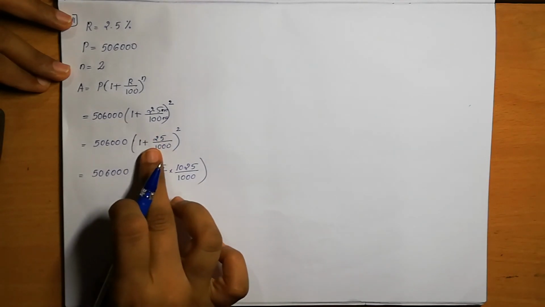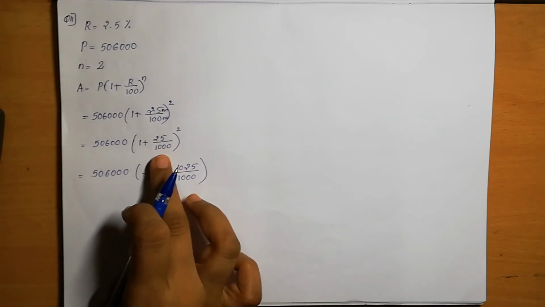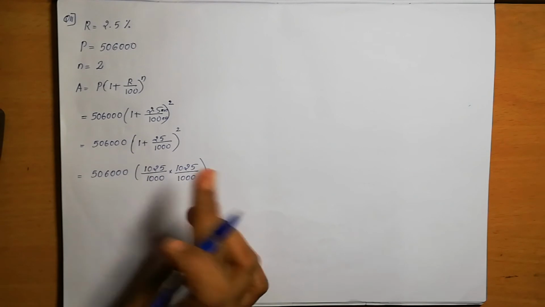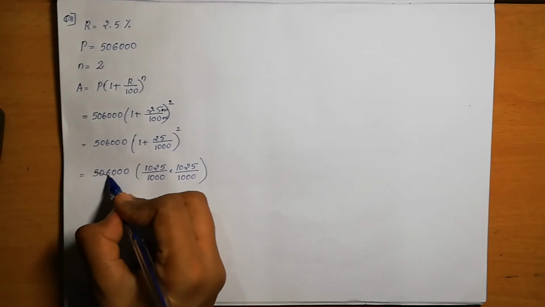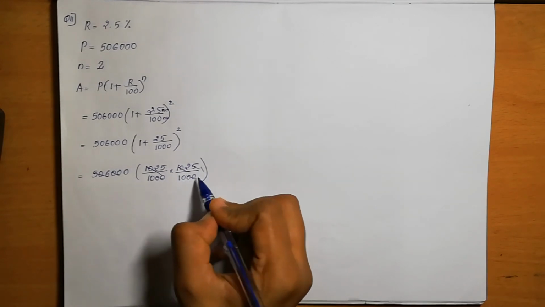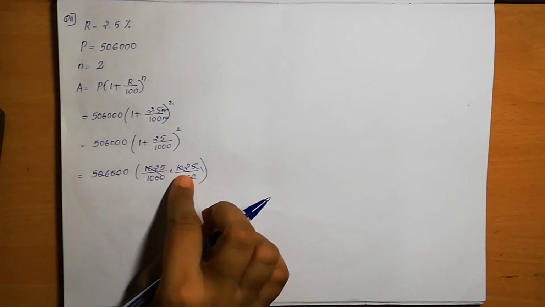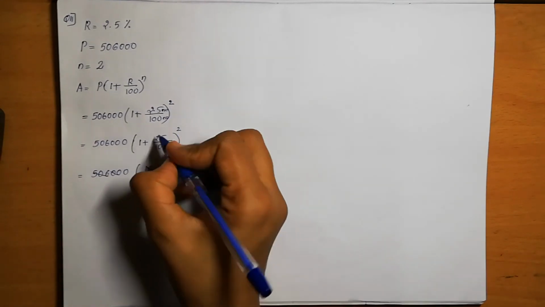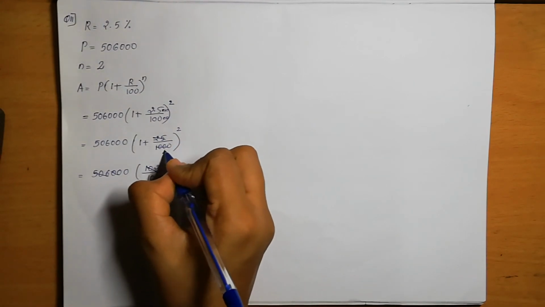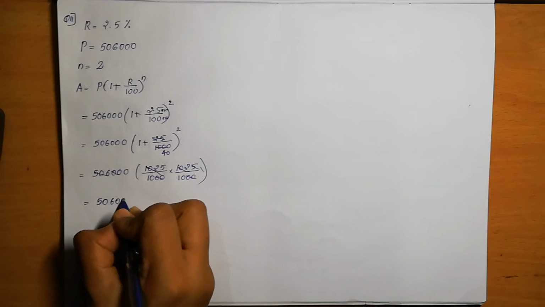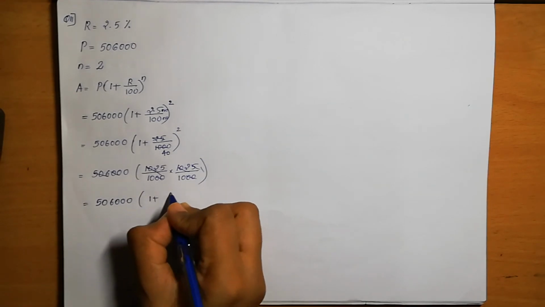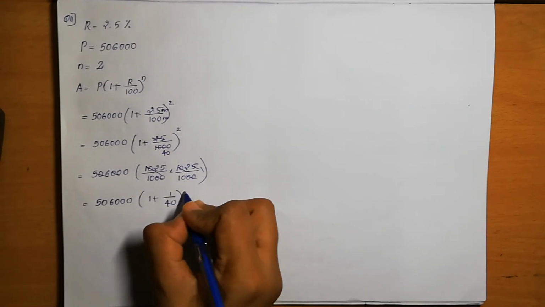Here if you want, we can simplify. 25 4s, that means 100, so 40 we will get. Like that also we can do. Here I think that will be easy only. Let me do like that. Otherwise we need to multiply the bigger number 1025 into 1025. In that case, 25 4s are 100. So 40. That means 5,06,000 into 1 plus 1 by 40 power 2.